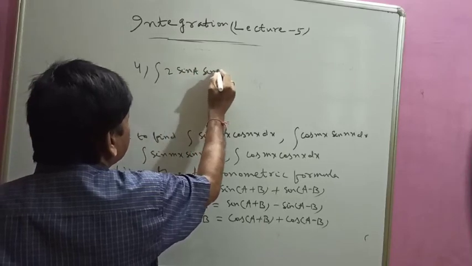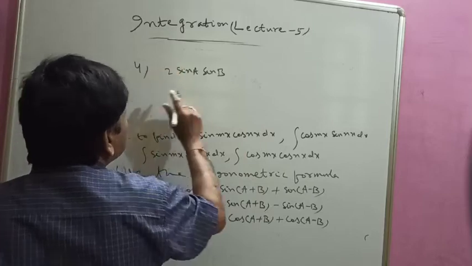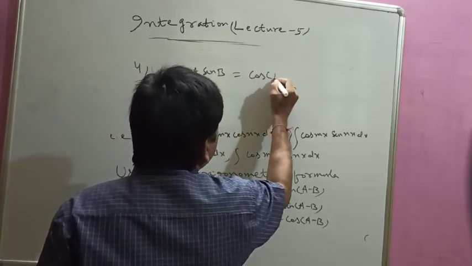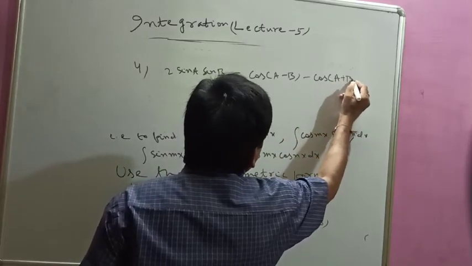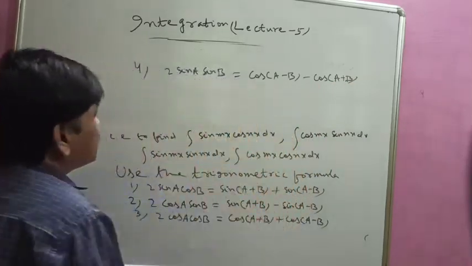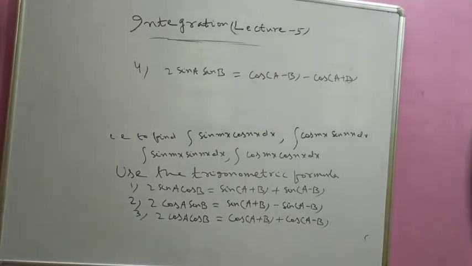So 2 sin a into sin b is equal to cos a minus b minus cos a plus b. Okay, so you have to use this formula, then easily we can integrate. Okay, are you clear? Hello students. So you must use this formula first. After that we can do it easily.